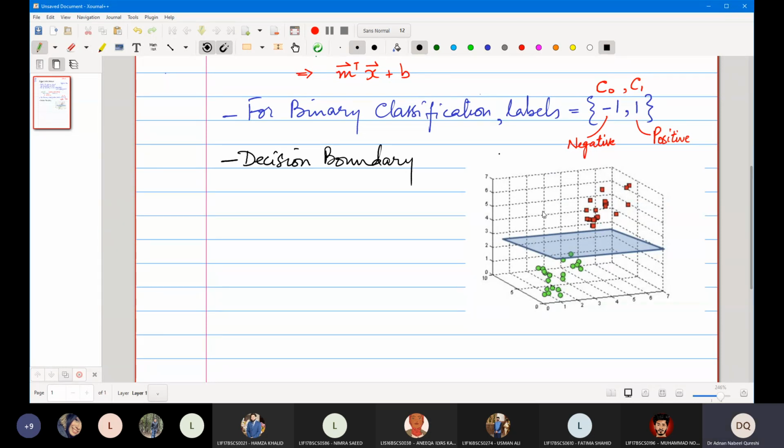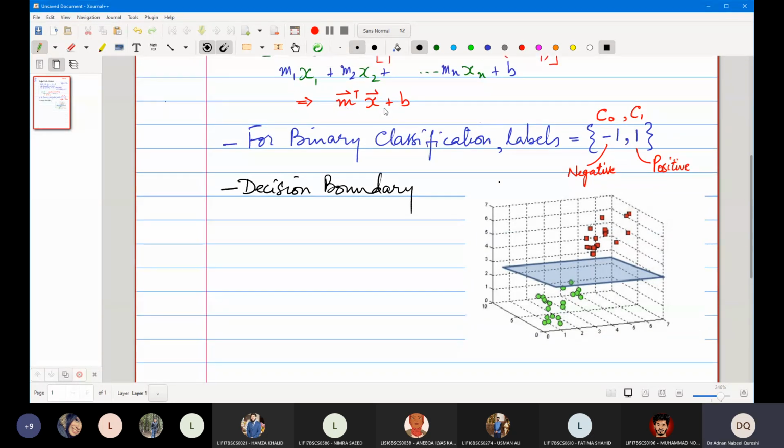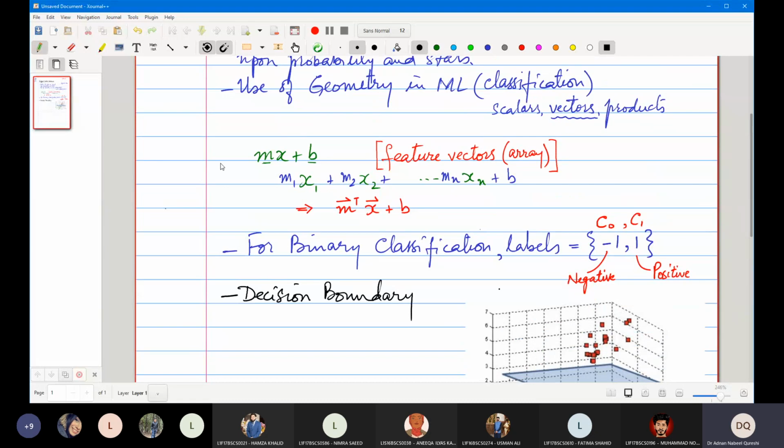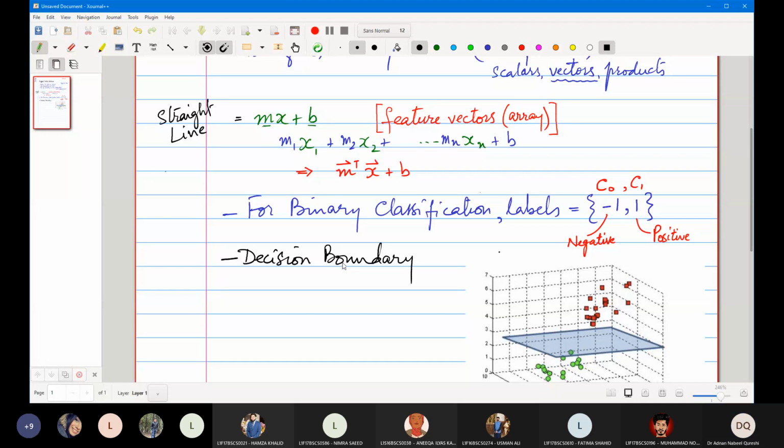Now, the decision boundary is going to be a modification of this mx plus b. We will see that mx plus b used to give you a straight line. However, in case of support vector machines, the boundary will split the data set so that something is on one side of the boundary, other things are on the other side.